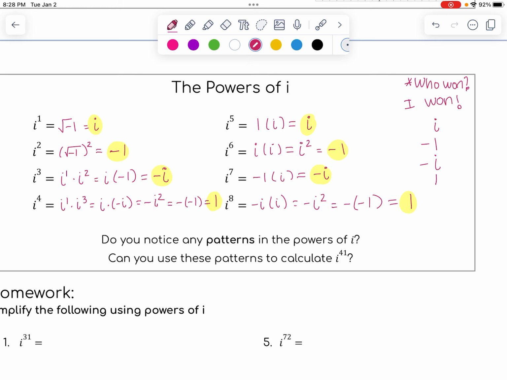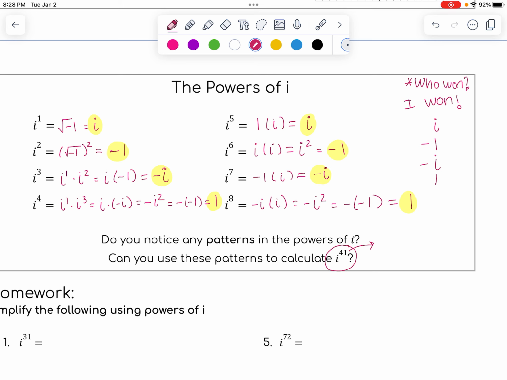Now that's great. Now we know the pattern, but how do I take any power of i and reduce it down to one of these four options in the pattern? And it's actually pretty easy. All you have to do, for example, if I want to do i to the 41st power, is figure out where 41 would lie in this pattern of 4.